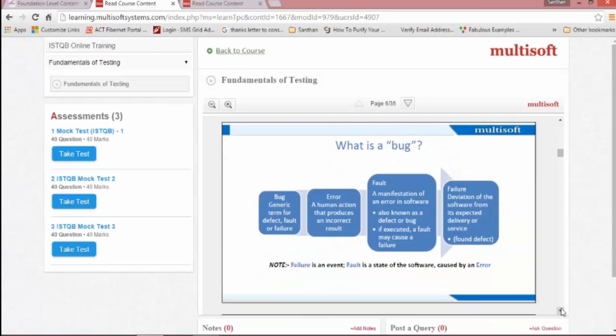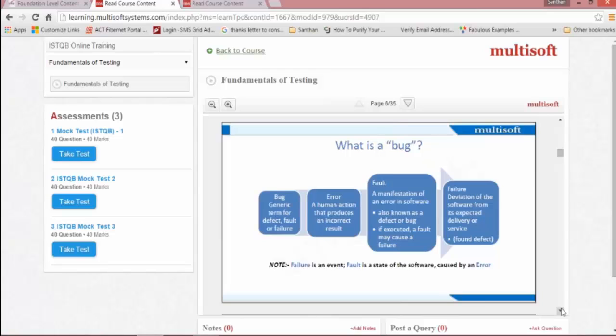Now we try to look at one jargon, that is bug. We keep on saying errors or problems or defects in the application. What exactly the problem is, what exactly the defect is, what exactly the error is. So we usually use terms like bug, a generic term for defect, fault or failure.